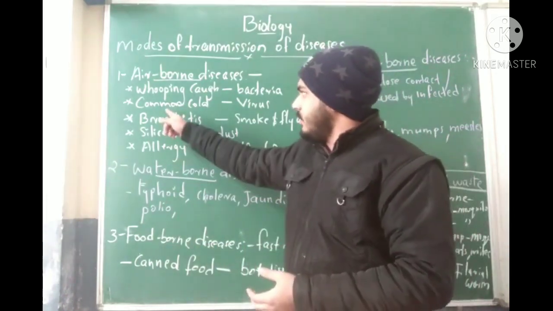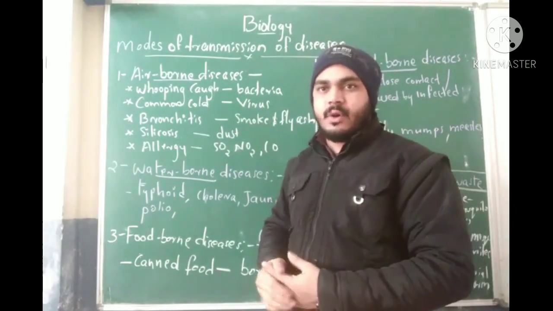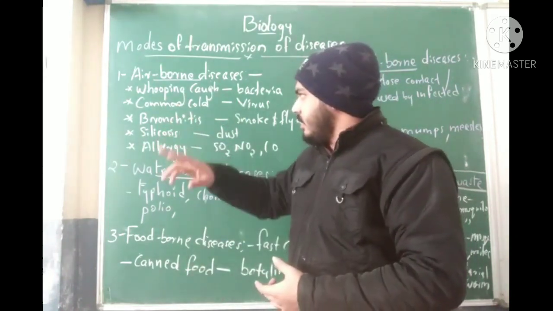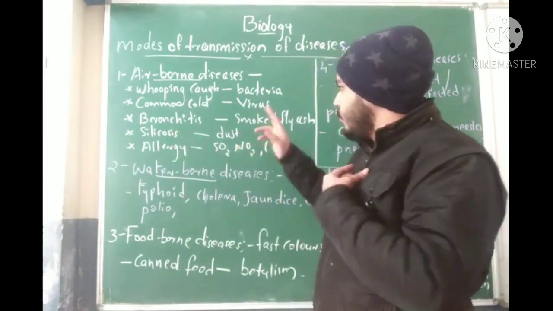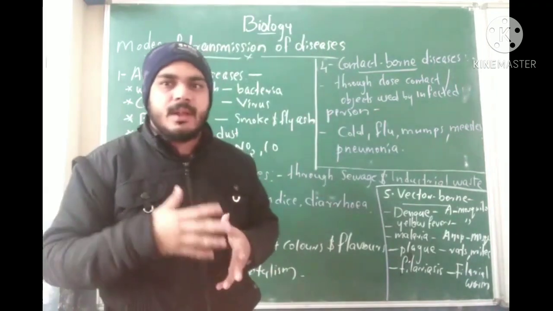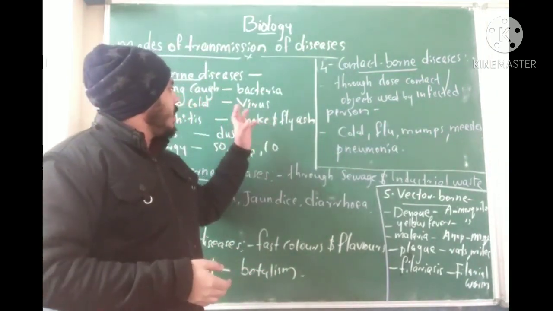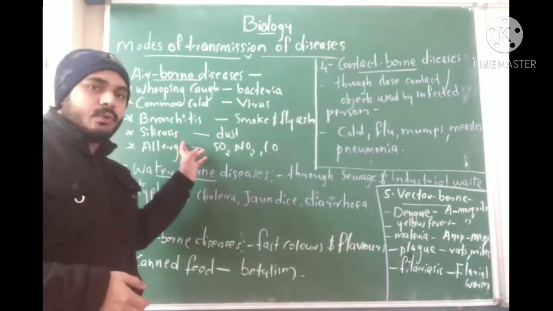The next one, common cold, is a viral disease. Common cold is caused by a virus. And the next one, bronchitis. It is caused due to smoke, ash emission and fly ash. And the next one, silicosis.